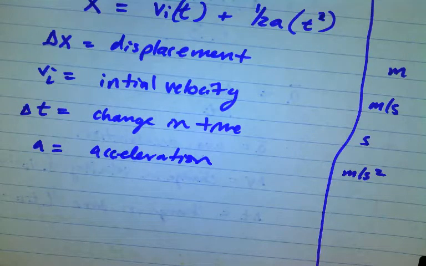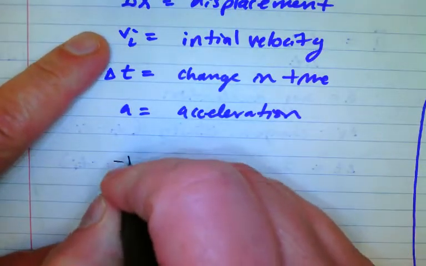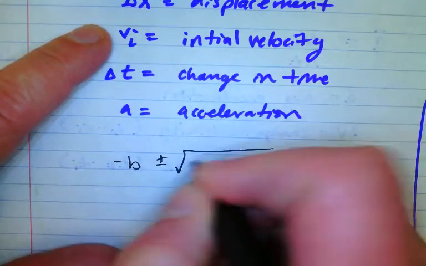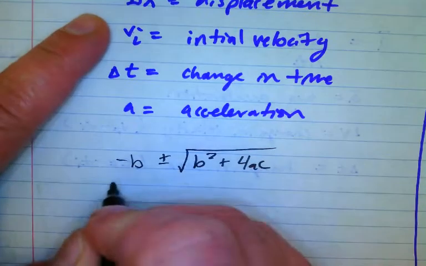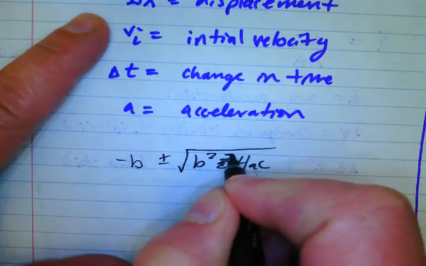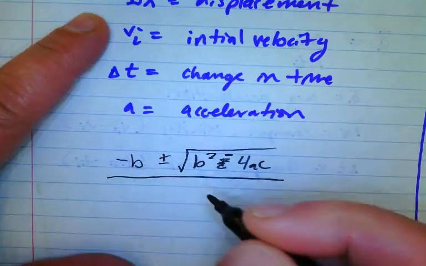Do you need me to write it down? Okay, we'll do that. 7th grade. Negative b plus or minus square root of b squared plus 4ac, oops, minus 4ac, divided by 2a.